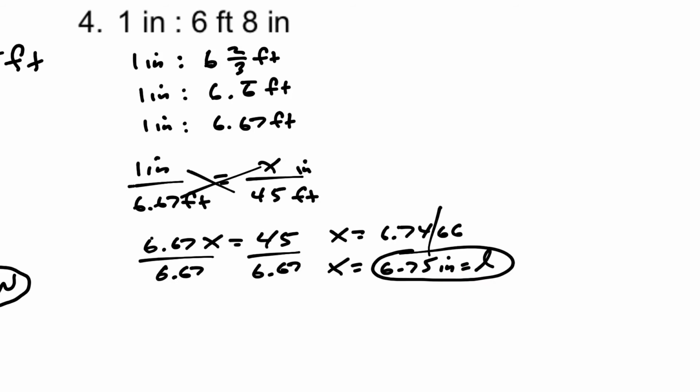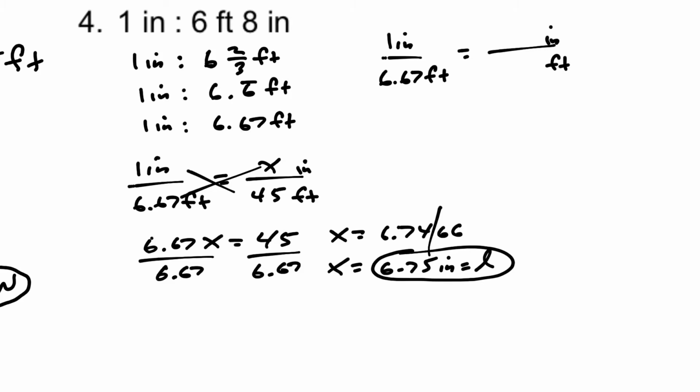Now we have to do the same thing for the width of the room. So again, our scale this time is going to be 1 inch over 6.67 feet. And again, we're going to set up this other ratio as inches over feet.